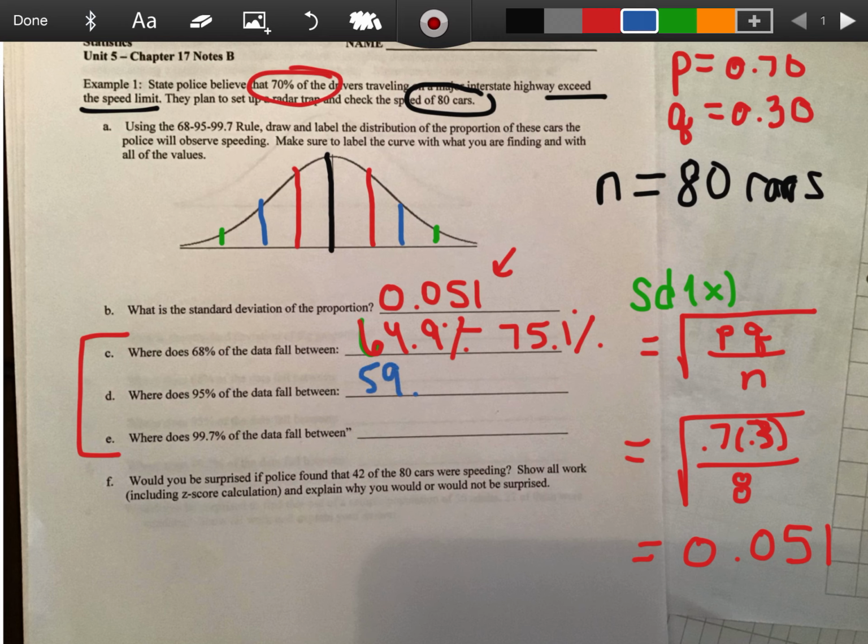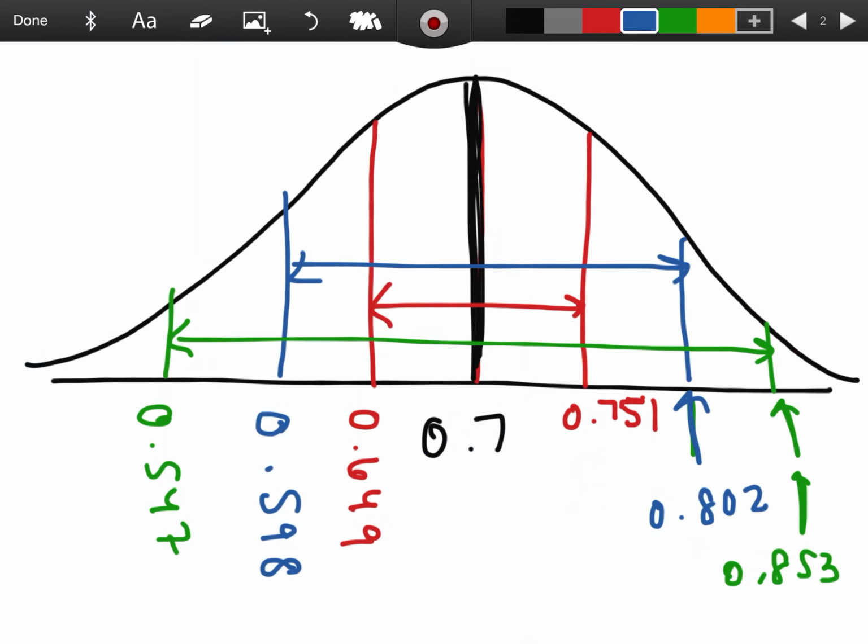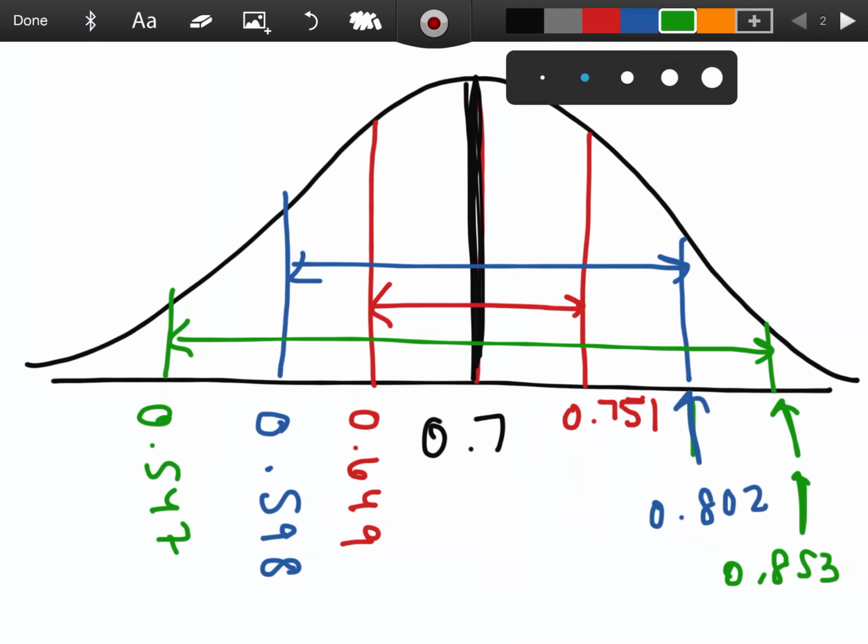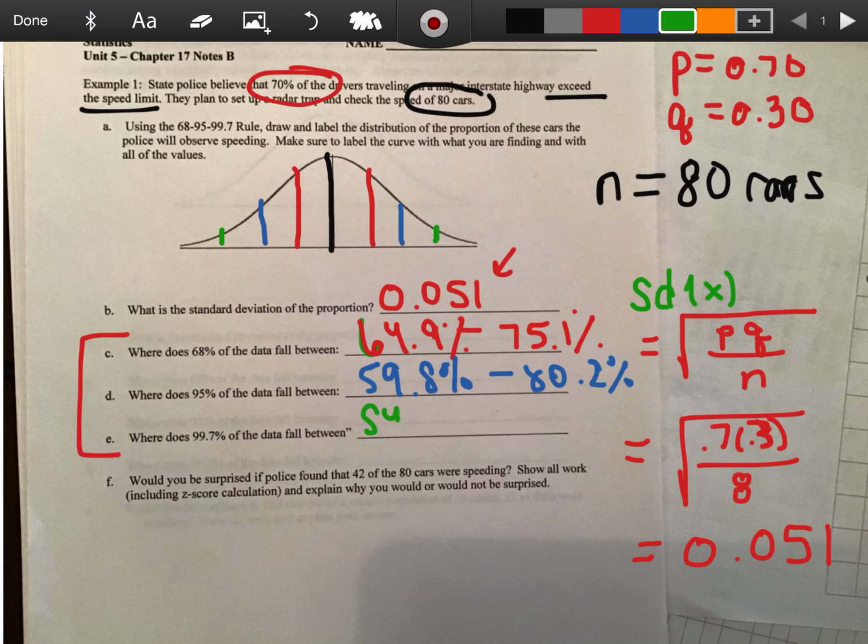And 99.7% of my data would fall between 54.7 and 85.3.